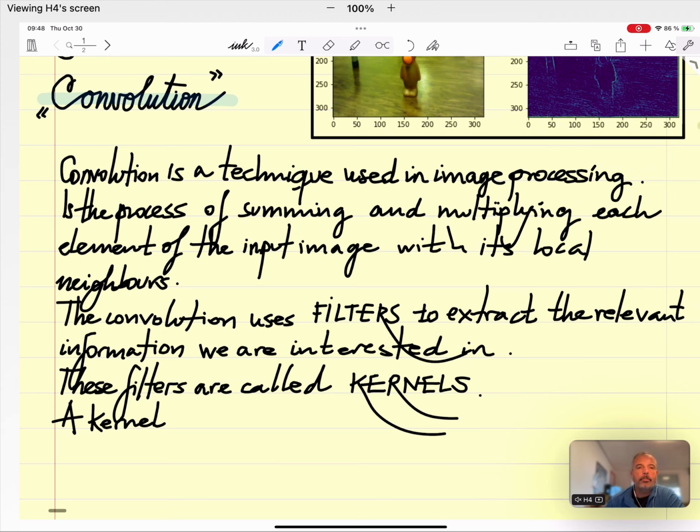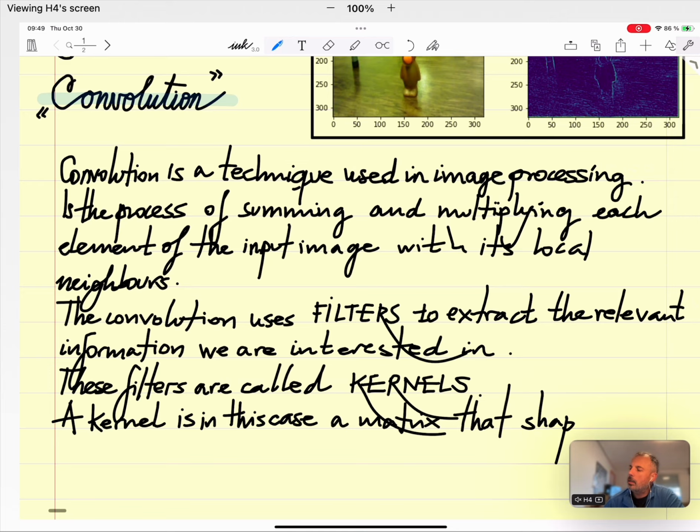It can mean different things, but in this case, of image processing, a kernel is a matrix that shapes the weights of the convolution.